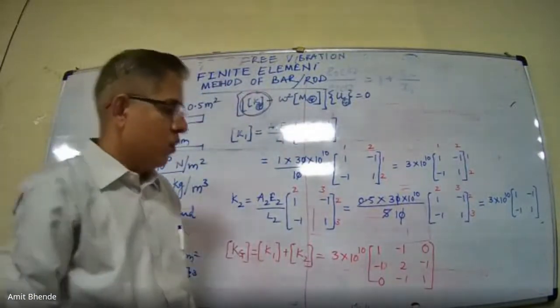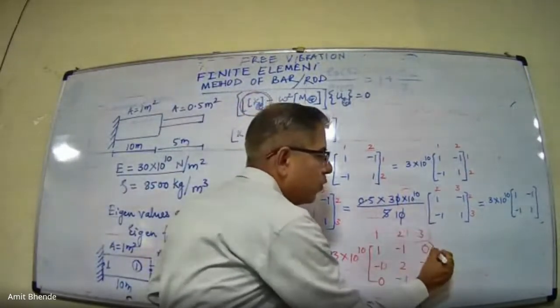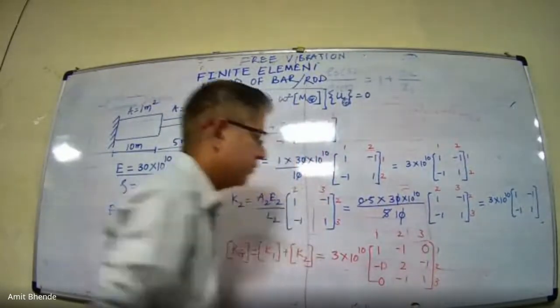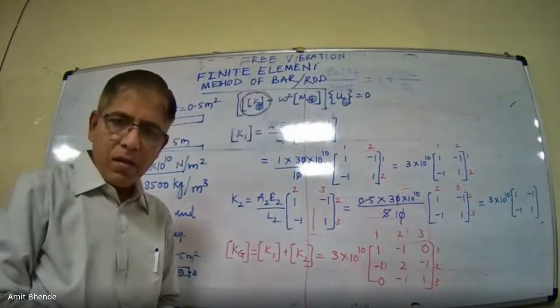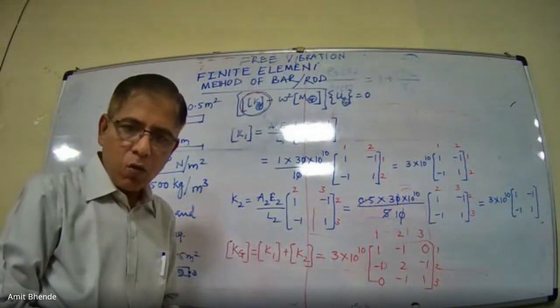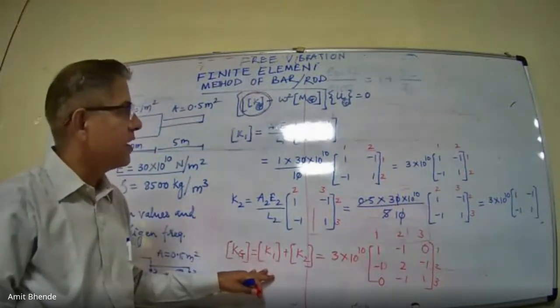Okay. So the row number, column number will be 1, 2, 3, 1, 2, 3. So we know how to assemble the two stiffness matrices to find out the global stiffness matrix. Okay. So this is the global stiffness matrix.